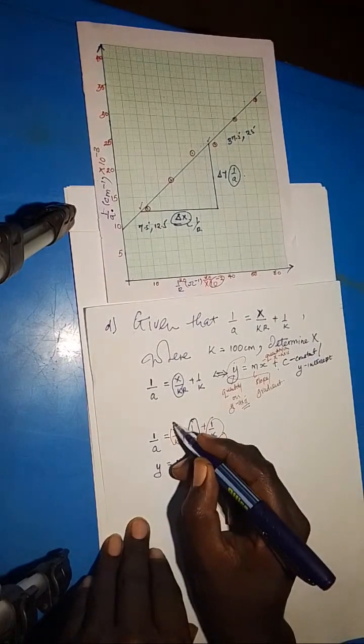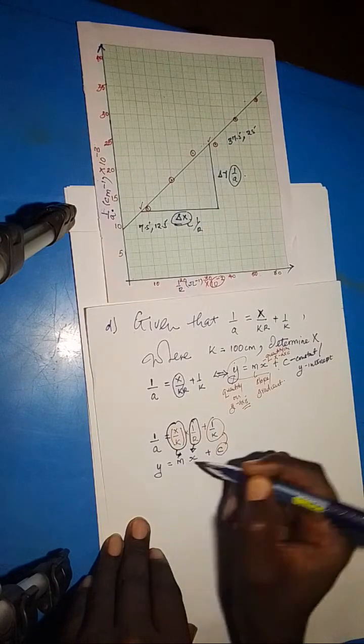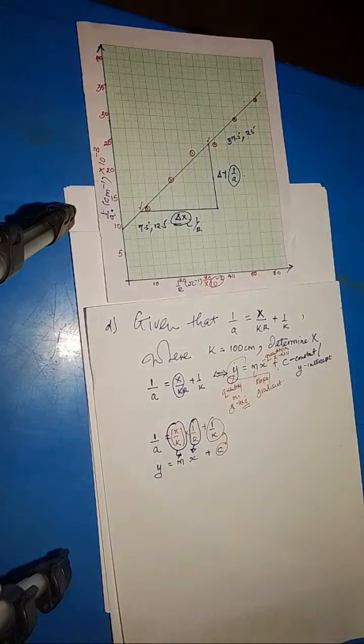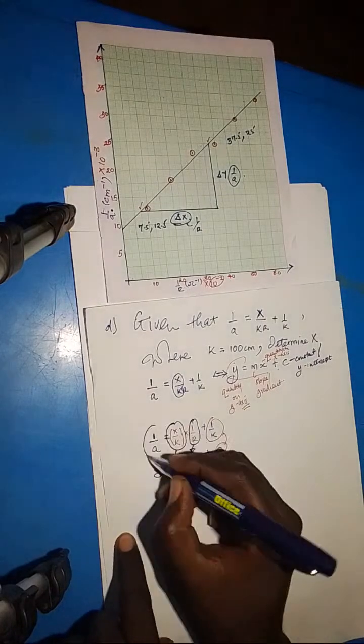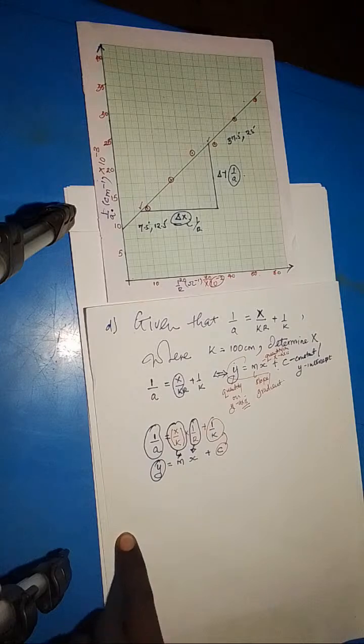And then this part now becomes our slope. Therefore, 1 over a becomes the quantity on the y-axis.